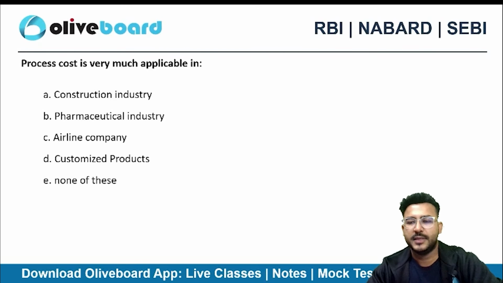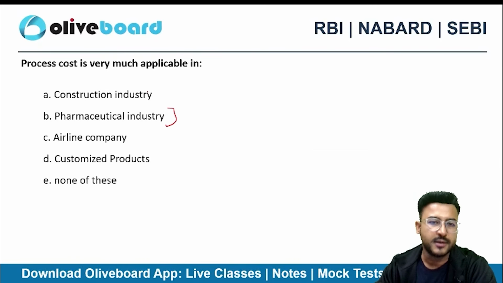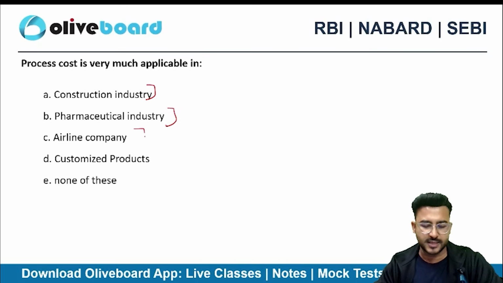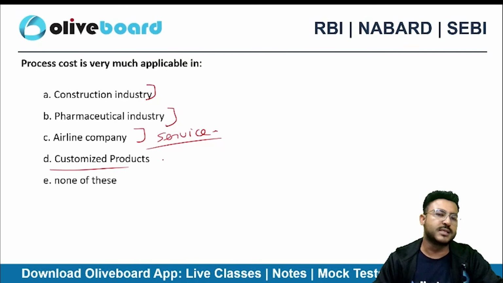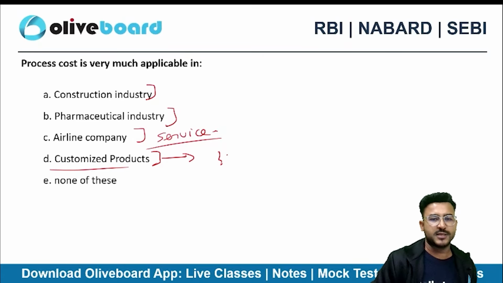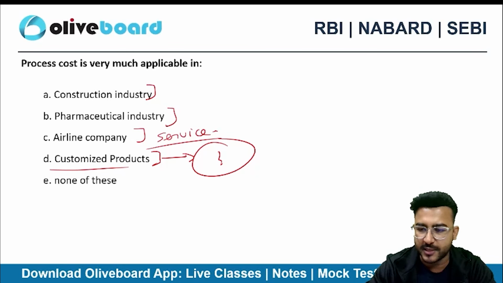Yes, it's applicable on the pharma industry, right? Construction mein contract costing is there, airline company ke andar service costing is there and operating costing is there, right? Customized products ke andar what kind of costing is there? What about customized products? Which method I'll be using for customized products?